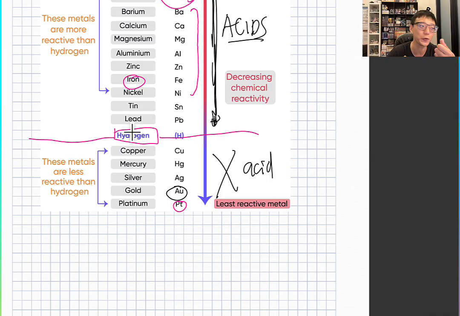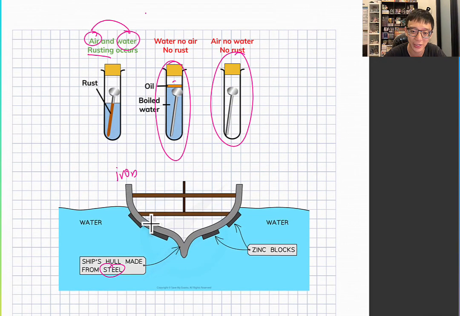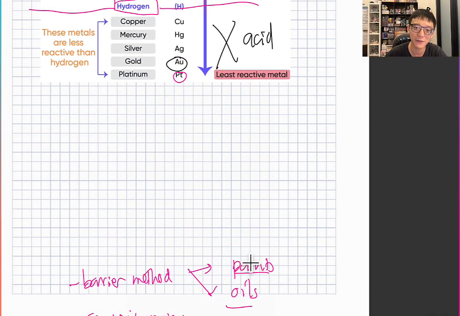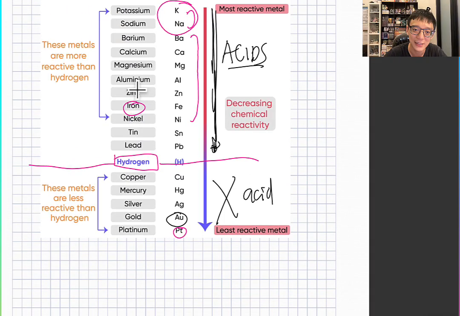So if we want to protect the iron from rusting, we coat the ship and we put something that is more reactive, which is zinc. If you see from the reactivity series, zinc is above iron, meaning that zinc is more reactive compared to iron.